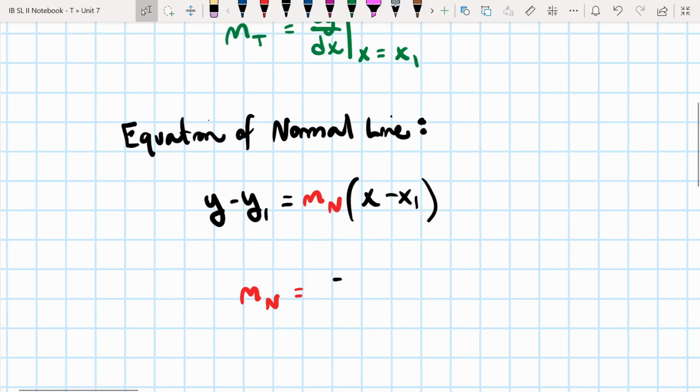So the way we're going to write that is negative 1 over m sub t. So the process behind finding the equation of the normal line and the equation of the tangent line is very similar, except the slopes are slightly different.